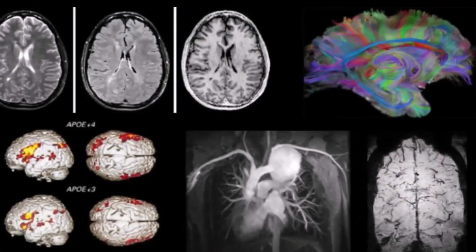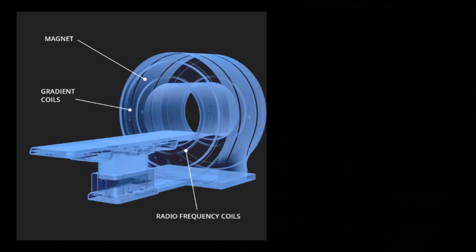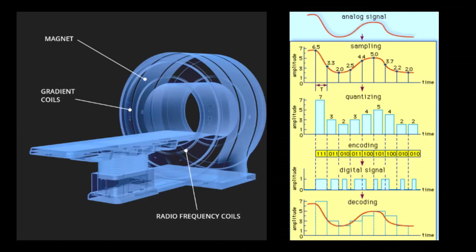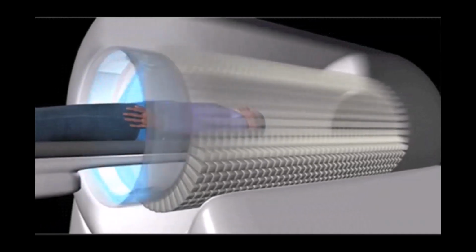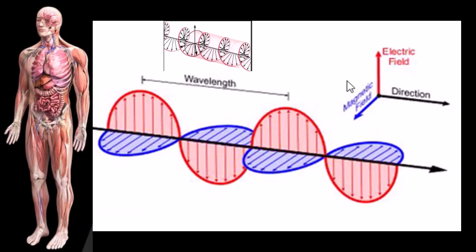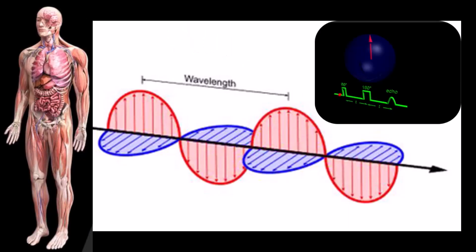So let's start exploring MRI and the concepts associated with MRI. The signal generated for MRI images originates with the magnet, the gradient coils, and the radio frequency coils contained within the main unit. MRI works by passing an electric current to create a temporary magnetic field in your body.